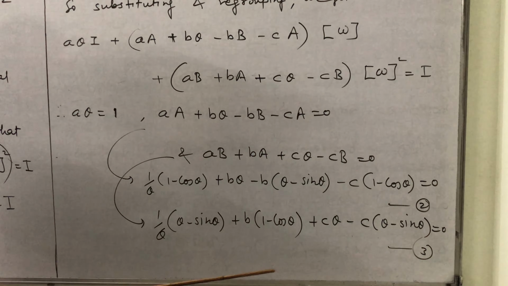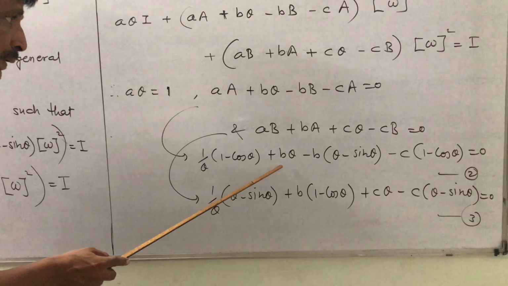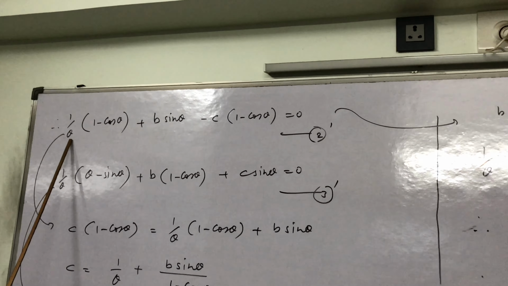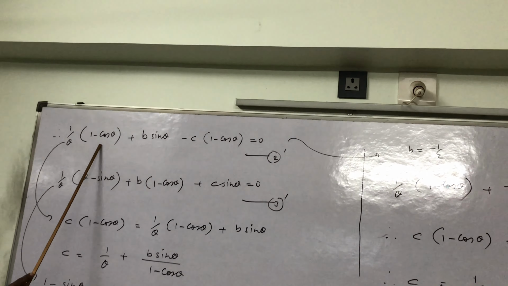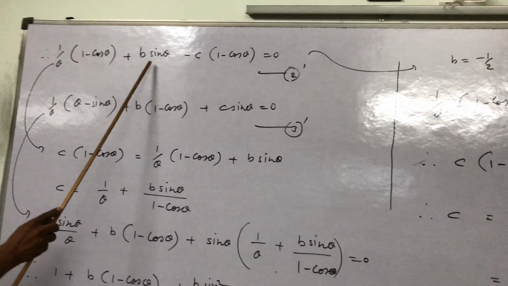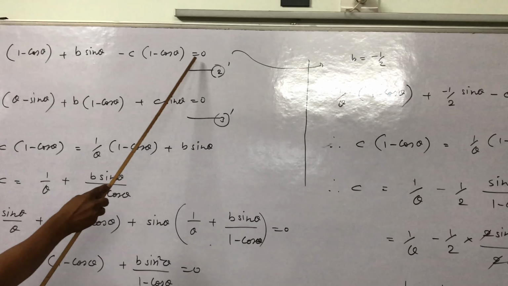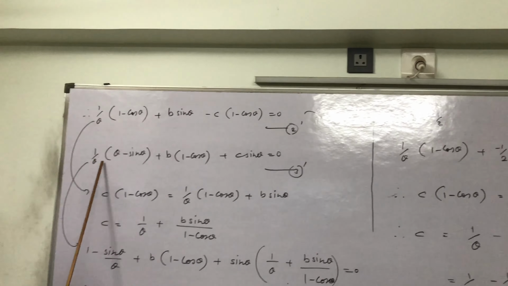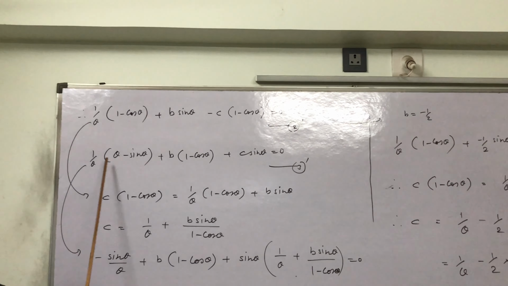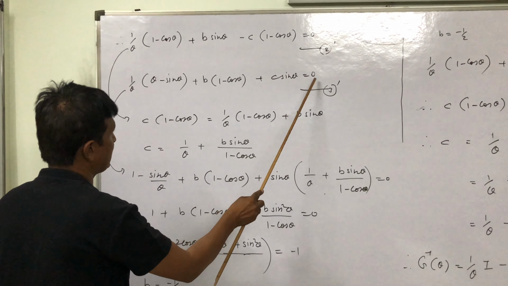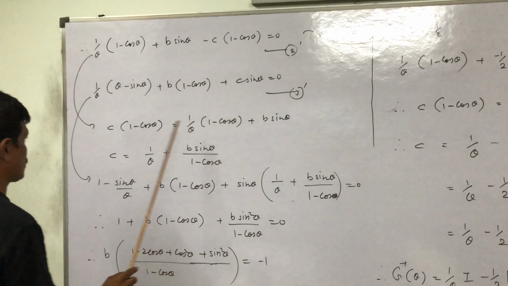Now simplifying this equation, we get from this 1 upon theta into 1 minus cos theta plus B sin theta minus C into 1 minus cos theta equal to 0, say 2 dash, and from the third equation, 1 upon theta into theta minus sin theta plus B into 1 minus cos theta plus C theta is 0, say 3 dash.